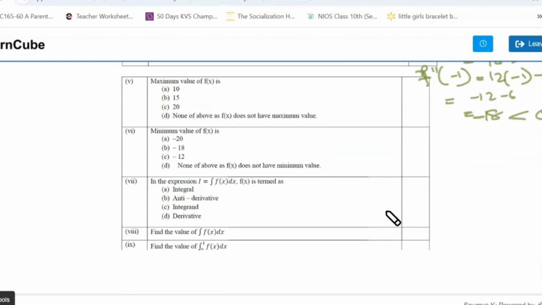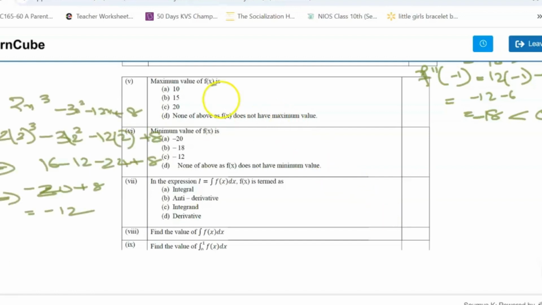It can be found by substituting the value 2 into the given function. Out of that you will get minus 2, which is none of the above.